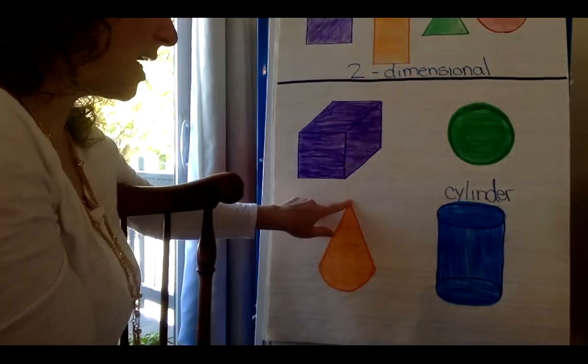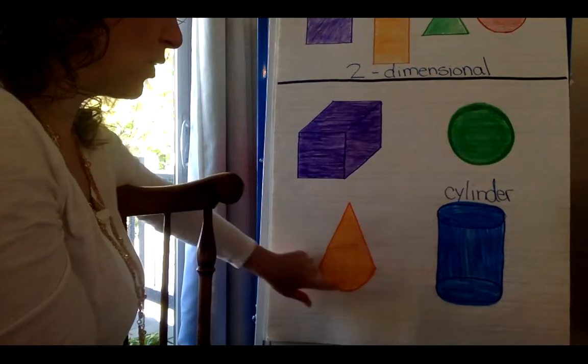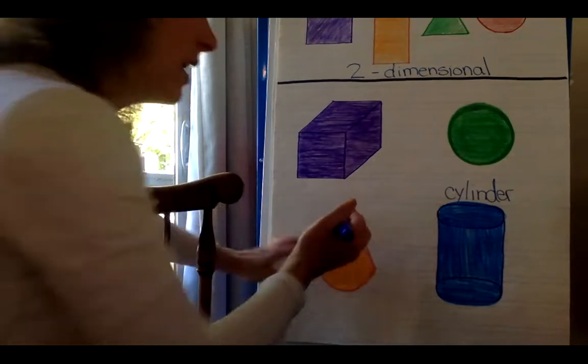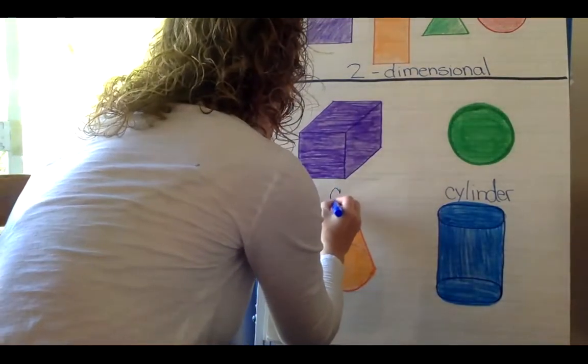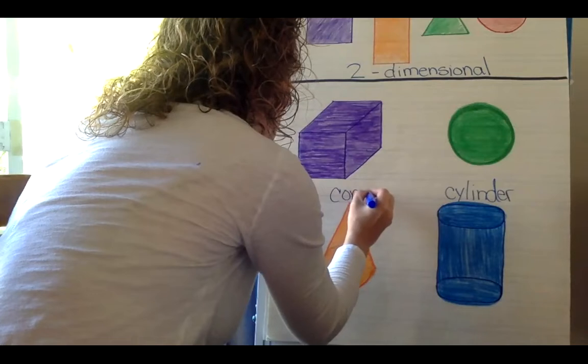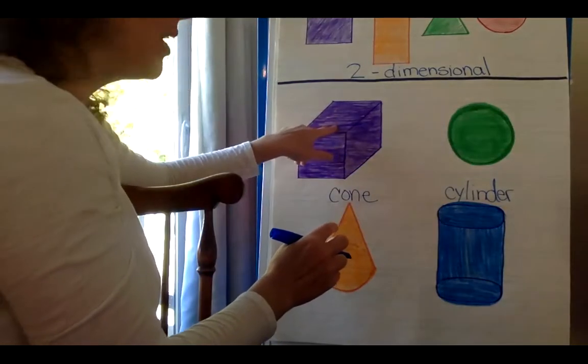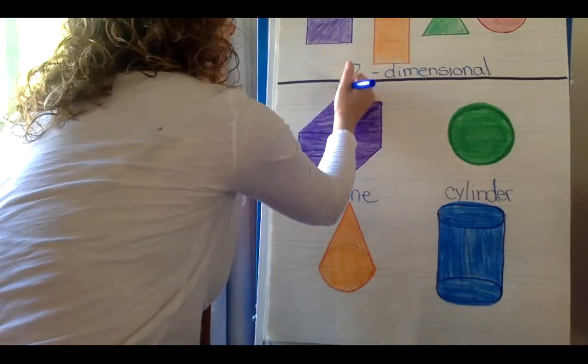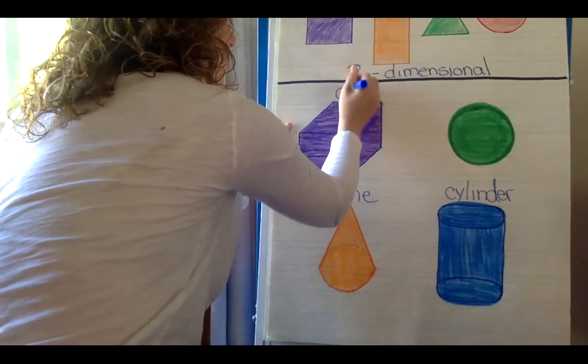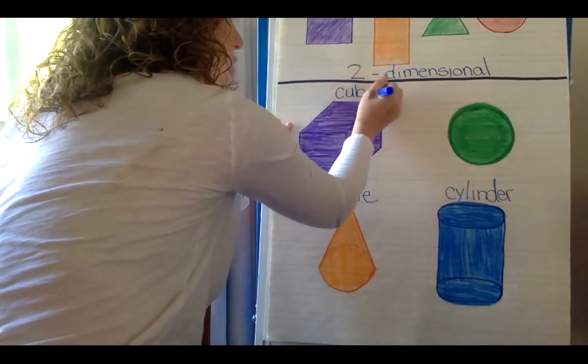And here we have a cone. It has a point at the top. It has a circle as a flat face on the bottom. This one is a cone. If you flip it upside down, it looks a little bit like an ice cream cone. Here, we use these all the time, right? We can build with these. This is a block, but we call it a cube. The three-dimensional shape is the cube.